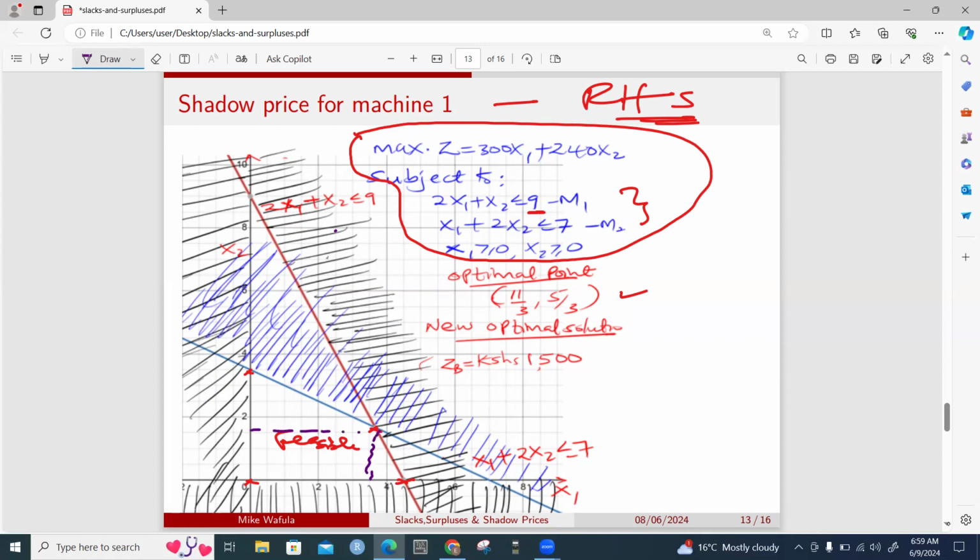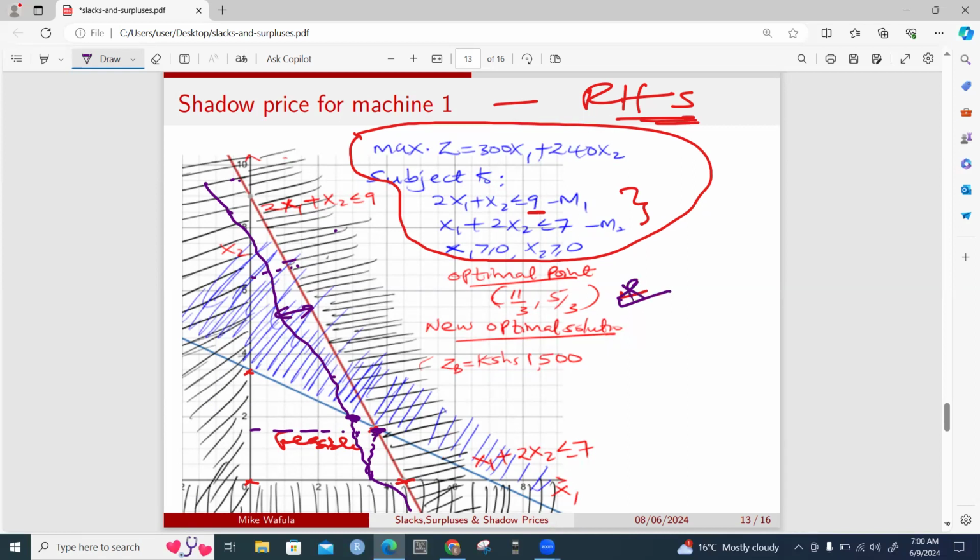A point slightly lower than the other one, which was the original one, was 3.2. This one has now dropped slightly. And it's because you can see this particular line, which was passing through 8 and 4, has now shifted to the right. It's actually parallel to this, because the two lines have the same gradient, but it has shifted, and so that's why the new optimum point changes to that particular point.